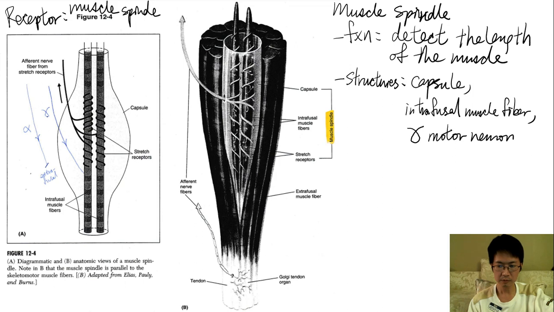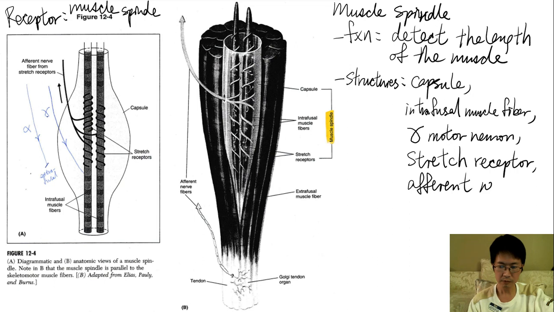And then you have a stretch receptor, and then you have the afferent neuron. So all these, well, afferent neuron, gamma, actually, let's put it this way.